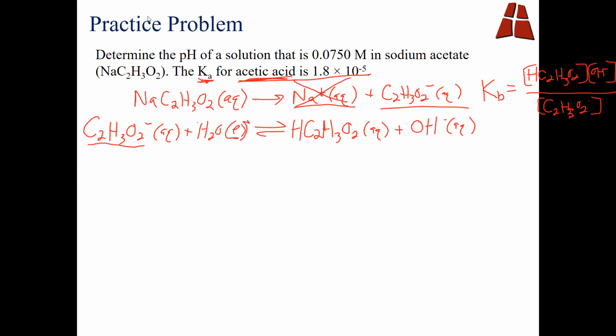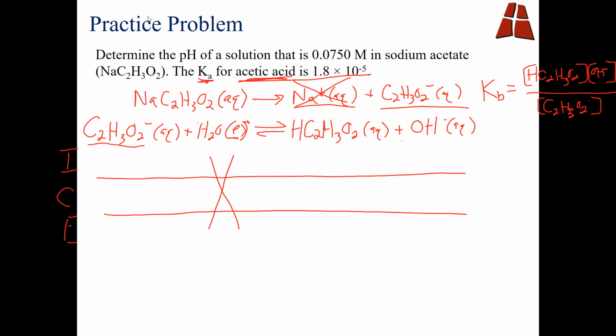Okay, but before we do that, we can build our ICE chart. We know water is a pure liquid, so I'm just going to cross that out. And if we build our chart here, we're told that our initial concentration is 0.0750 molar of our acetate.